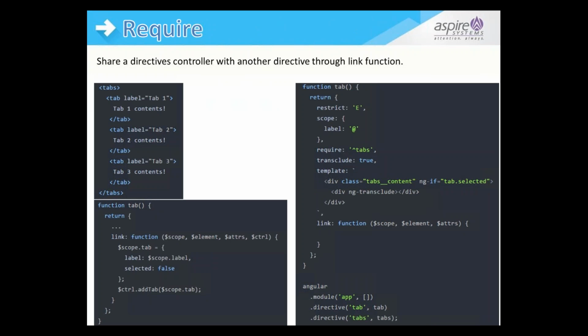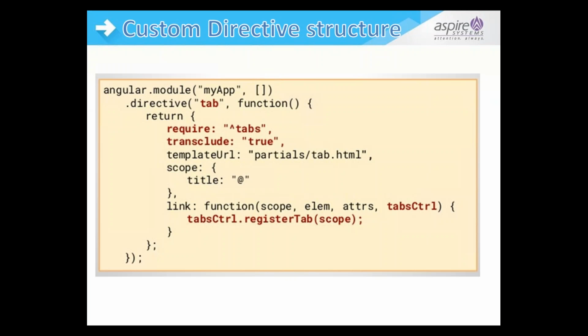First, we'll see about require. What is written there in require first of all? Require tabs. Okay. In a directive, require is used to share controllers from its parent and child elements.